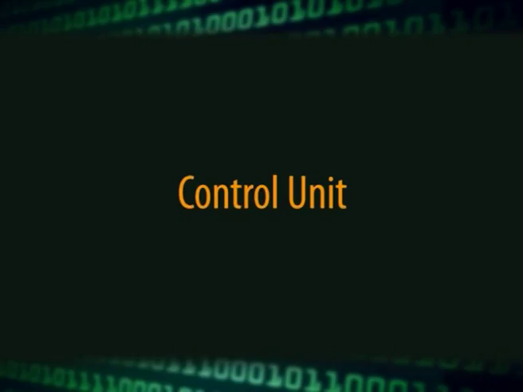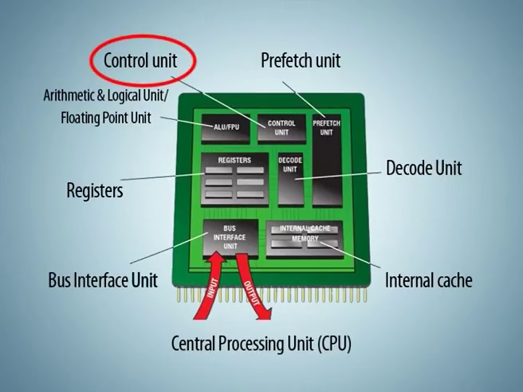The second important component is the control unit, which coordinates and controls the various operations and activities taking place within CPU. For example, in order for the ALU to perform arithmetic operations, the first step is to transfer the operands from registers to ALU. The second step is to perform computation. The third step is to store the result back into the register.